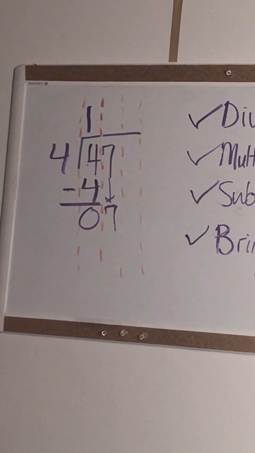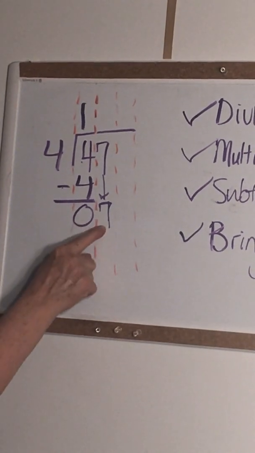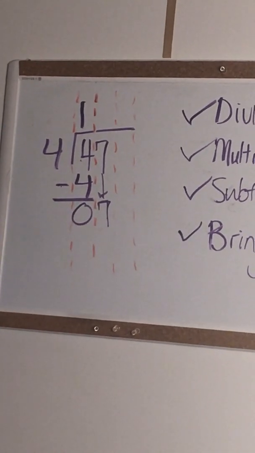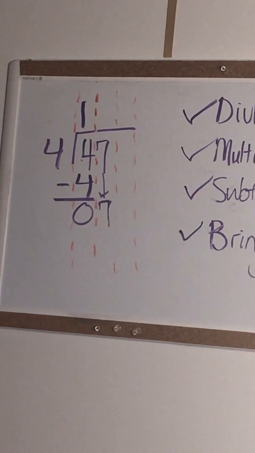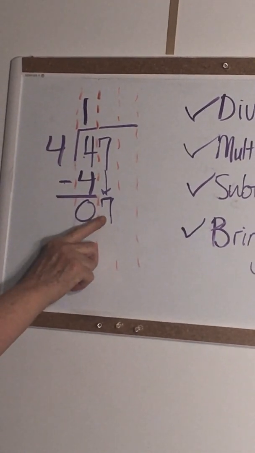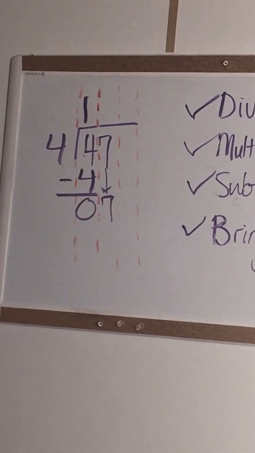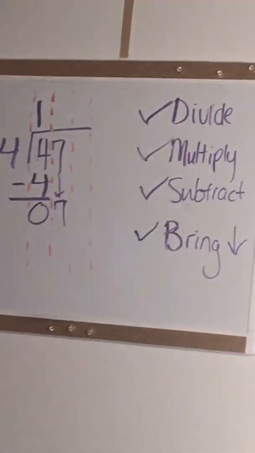Well, what's the rule? Do a new math division problem if this number is equal to or larger than 4. And this number, 7, is larger than 4. So I have another problem to do.